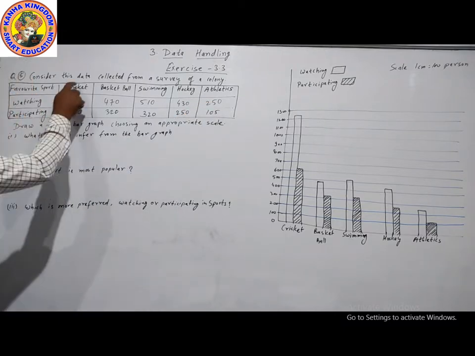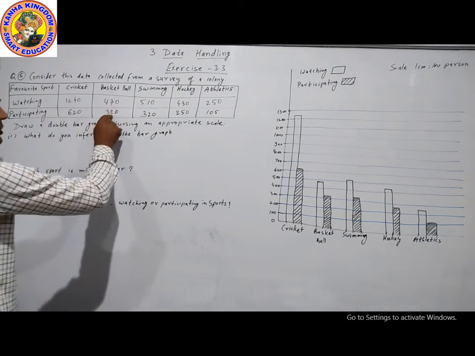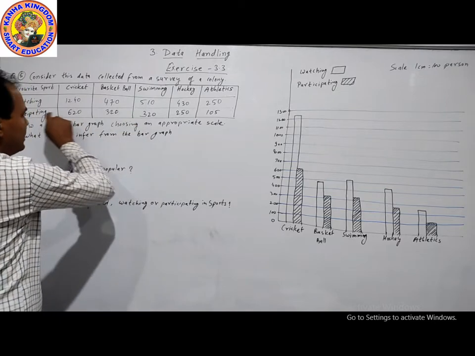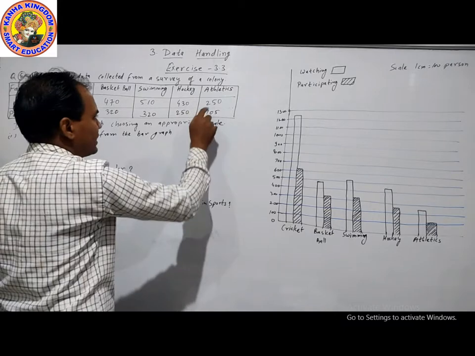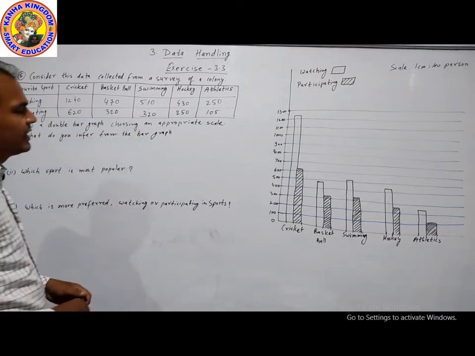Participating cricket 620, participating basketball 320, participating swimming 320, participating hockey 250, participating athletics 105. Now first question: draw the double bar graph choosing the appropriate scale.